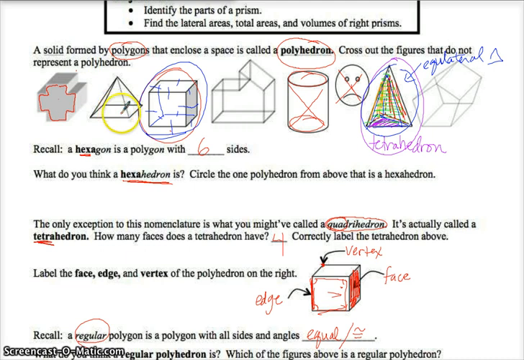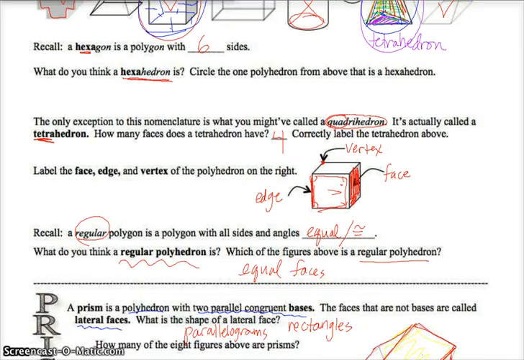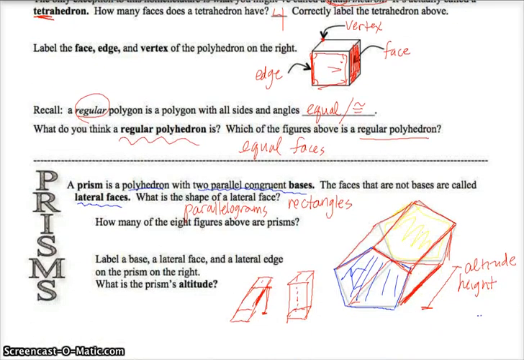This one, no. This one, yes. This one, no, because it's circular, and this one, yes. So we have here, here, and here. If you're not sure about that, ask me in class and we can go over it more.